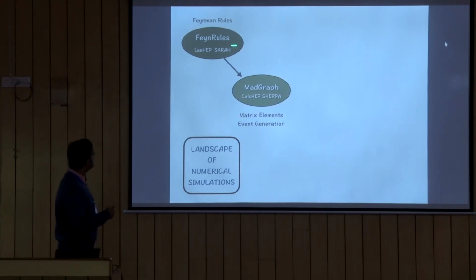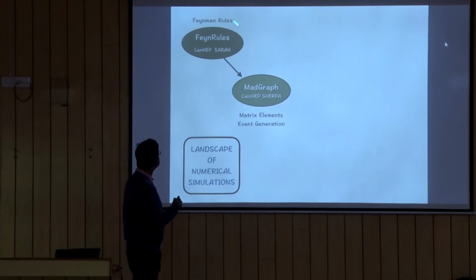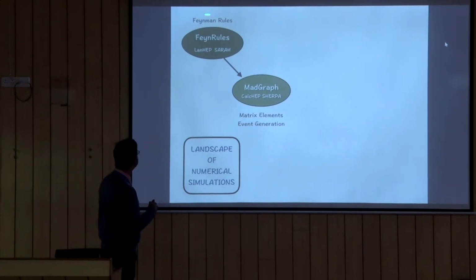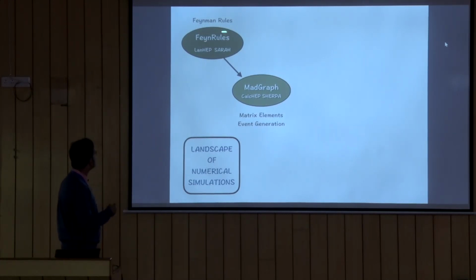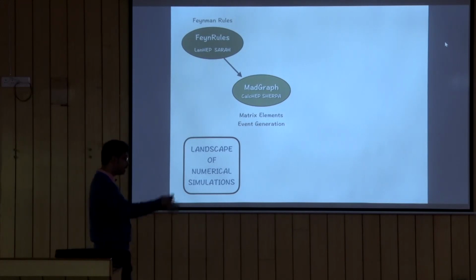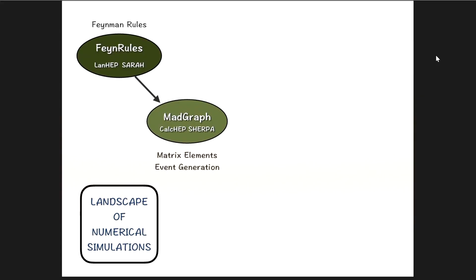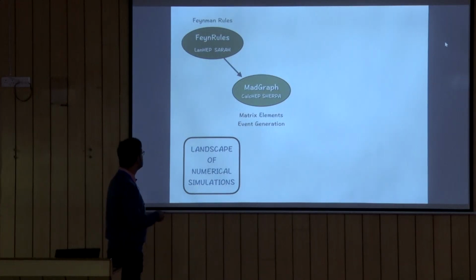Then there are certain files that you can generate with FeynRules, which have the set of particles, the vertices, their properties, parameters, etc., which you can then feed into matrix element event generators like MadGraph, CalcHEP or Sherpa. CalcHEP was the one that we all started with.